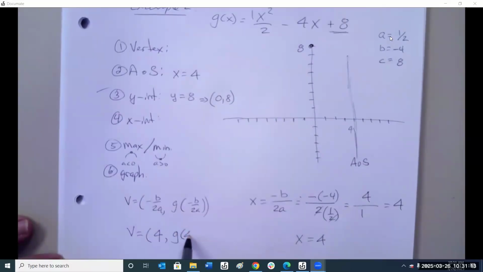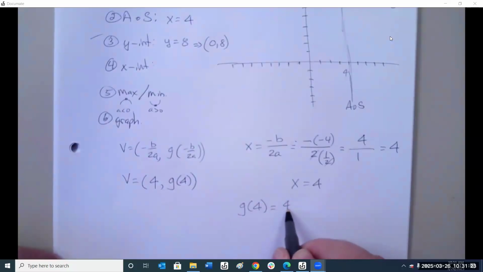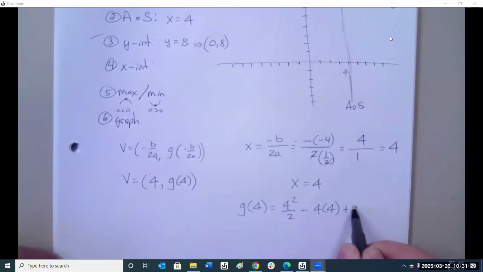Now we plug that inside our equation. So g of 4 is 4 squared over 2 minus 4 times 4 plus 8.